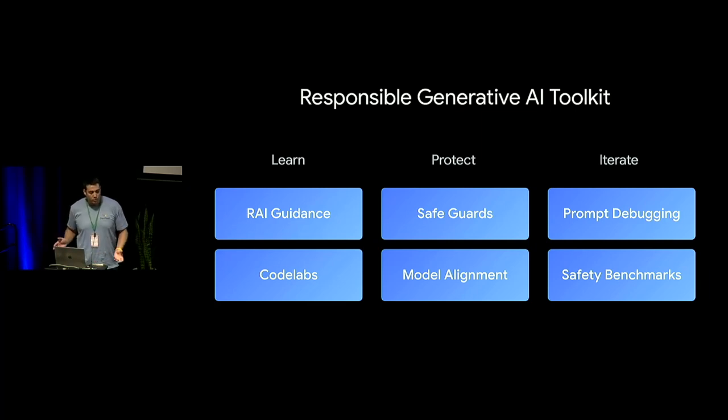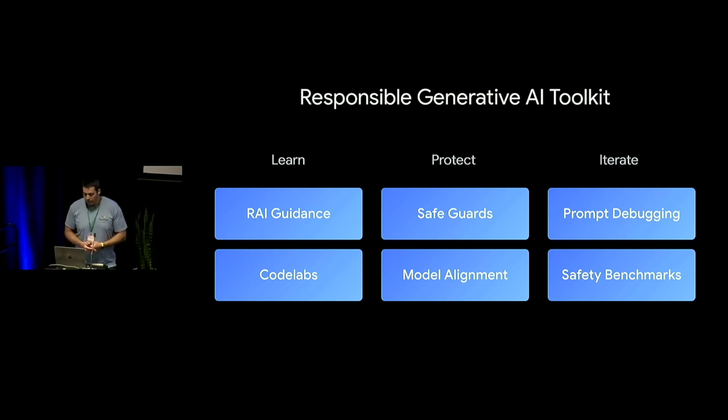So going into a little more detail, I think we can categorize what the GenAI Toolkit gives you into 3 separate things. First, it gives you resources for you to learn what responsible AI is. We provide responsible AI guidance, and we also provide a collection of codelabs. Those are self-paced tutorials that you can step through and learn about how some of these technologies work.